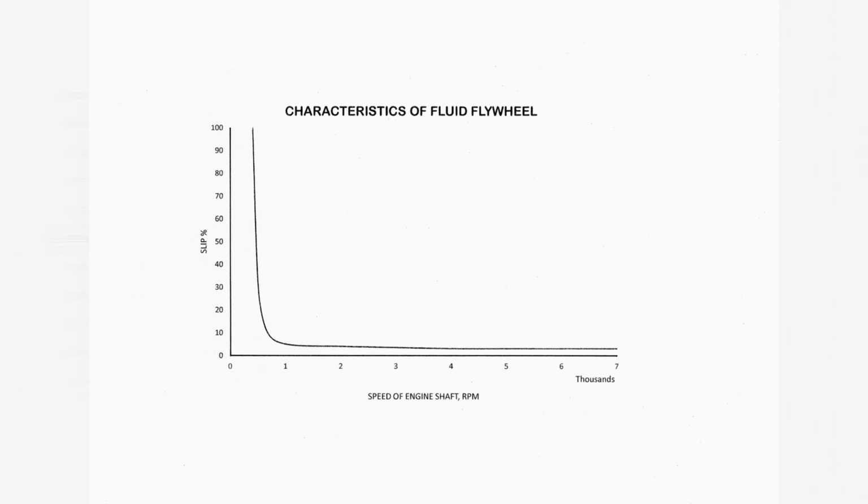Further increase in the engine speed to about 1000 rpm, we find that the percentage slip goes down to about 5%. And as the speed of the engine shaft further increases, the percentage slip lowers and becomes minimum, that is 3%, when the speed of the engine shaft is about 7000 rpm.